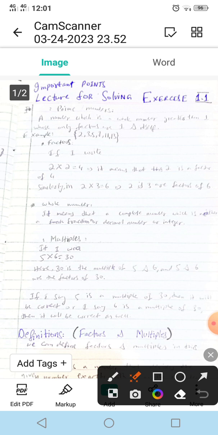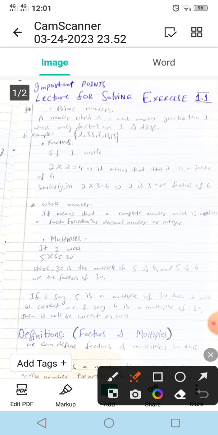So prime numbers must be greater than 1, and they must have only 1 and themselves as factors.